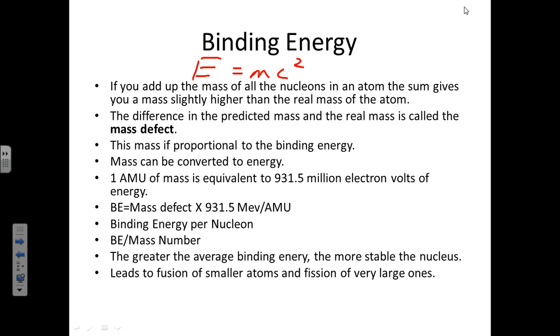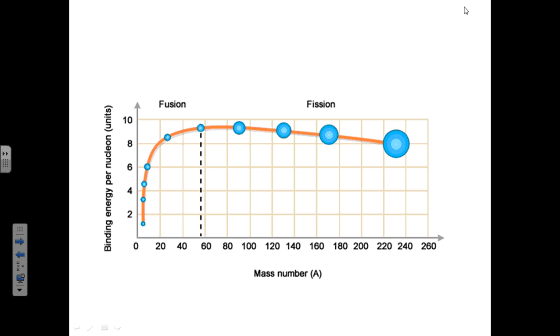And like it says here, the greater the average binding energy, the more stable the nucleus. And what we see is that atoms around this size have the most binding energy per nucleon, per proton or neutron. So in nature, atoms that are bigger than that tend to fission.